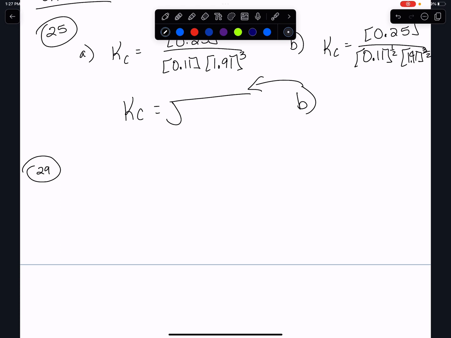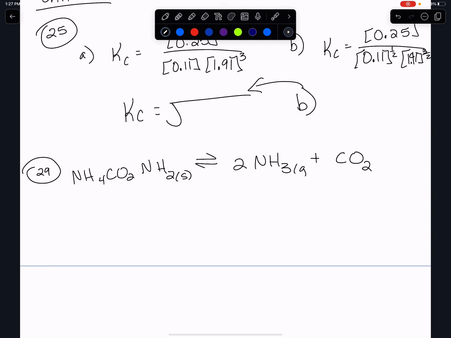All right, 29. All right, it gives us ammonium carbonate. Decomposes as follows. Okay, starting with only the solid. Okay, so this is a solid, this is a gas, this is a gas. At equilibrium, the total pressure, so the pressure of all of this, is 0.363.